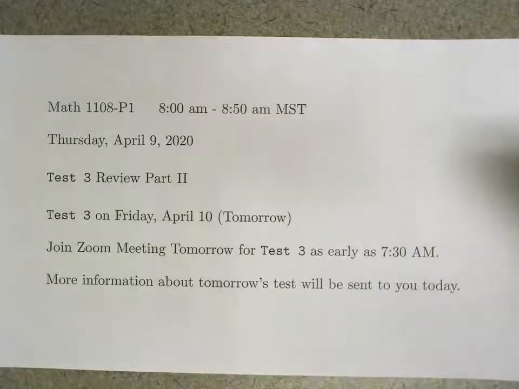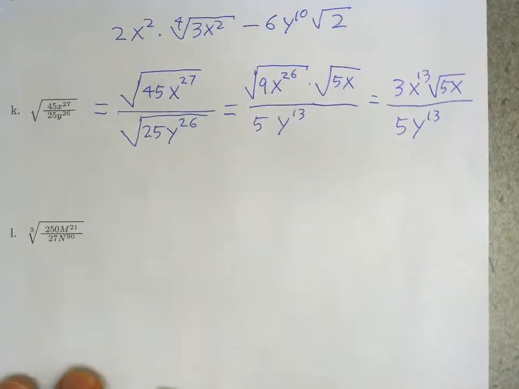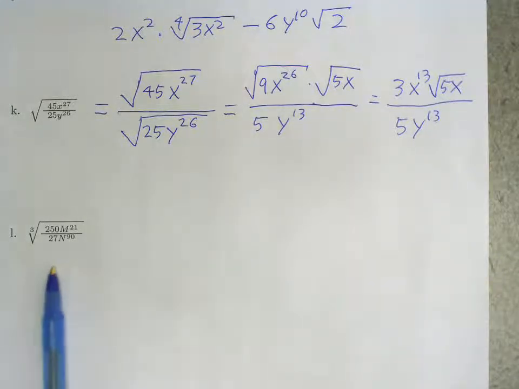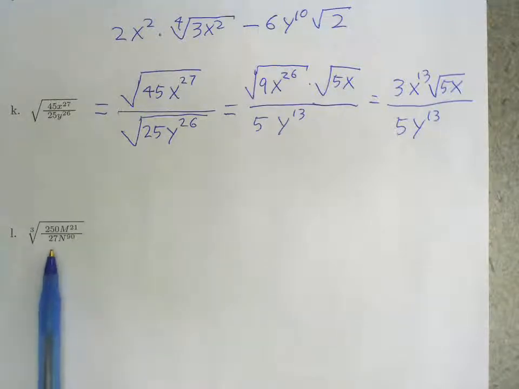Okay, so we'll continue the review. We were simplifying roots and radicals. This is where we left off. Simplify the cubed root of 250 m to the 21st over 27 n to the 90th.